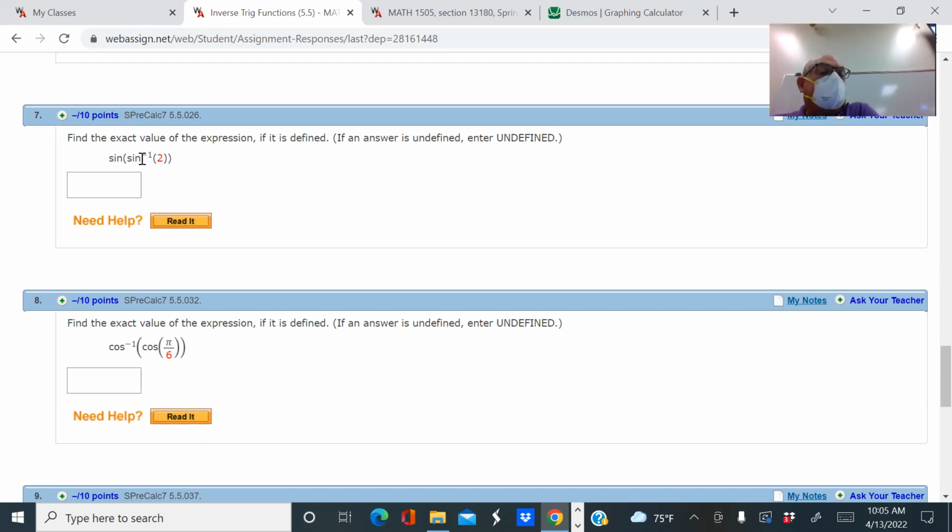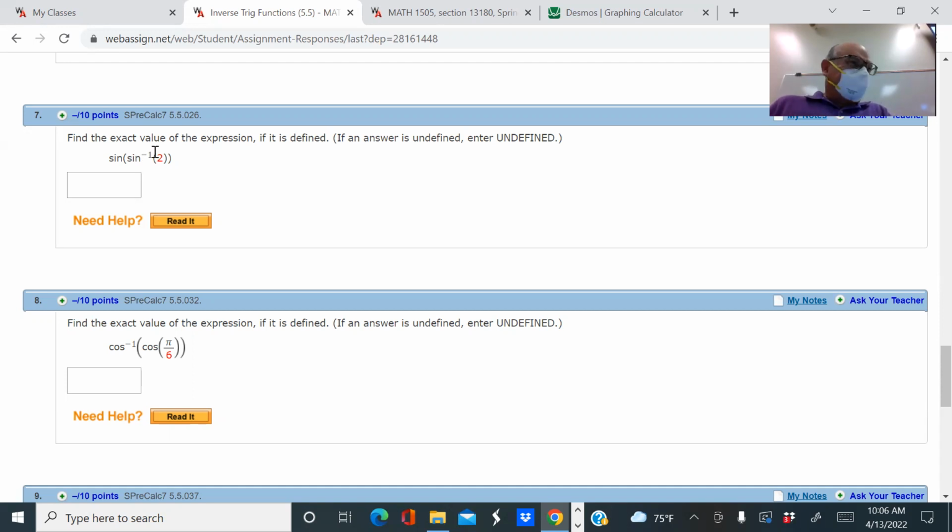But you have to keep in mind that this sine inverse and the original sine function are not quite completely inverses of one another. So in most cases, these things will cancel each other, but there are some slight discrepancies that you have to be careful of.